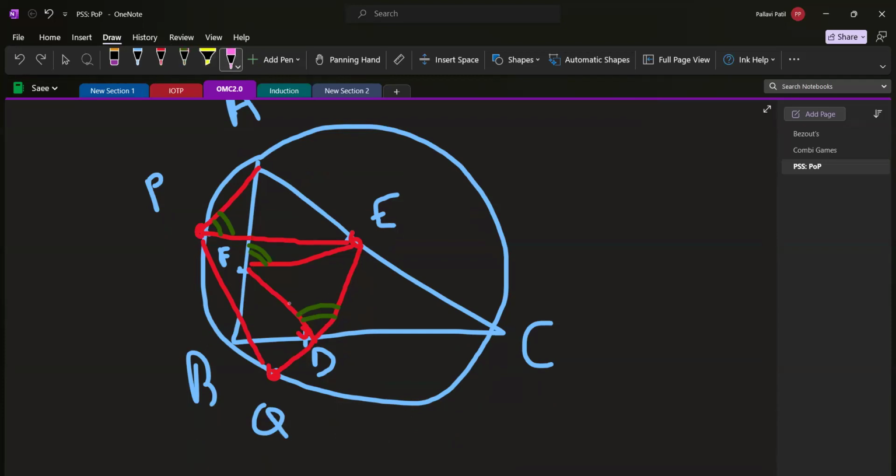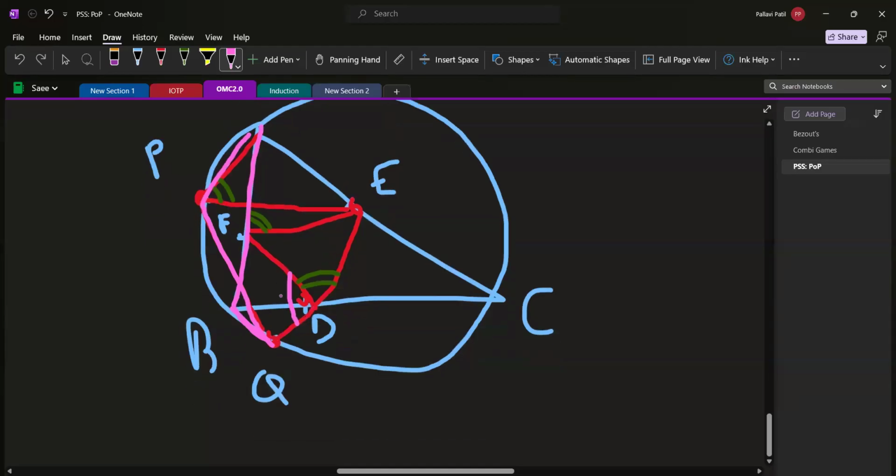We know that this angle plus this angle is going to be 180, QBA. And we know that QBA is equal to QPA. So we can compute angles QDE and QPE in terms of just the green and pink angles.